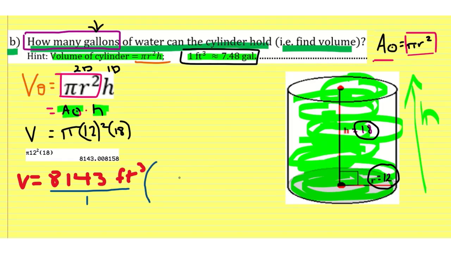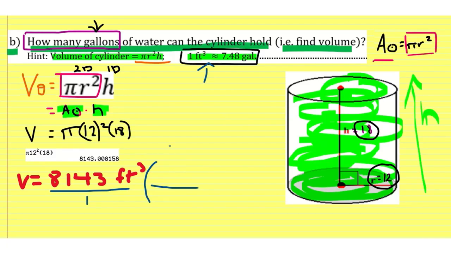And then I'm going to multiply it times a conversion factor that is going to help me get rid of the cubic feet that I do not want in my final answer so that I can have gallons in my final answer.